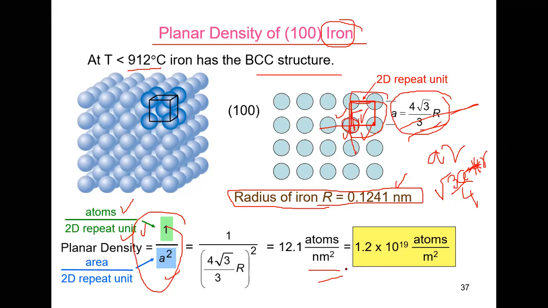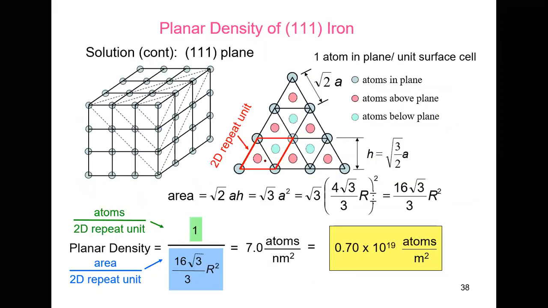Now, instead of this one, the 100 plane, if I ask you to calculate the planar density of atoms in the 111 plane, you draw this corner, and then this corner, and this. So the sides of this 111 plane are √2a.